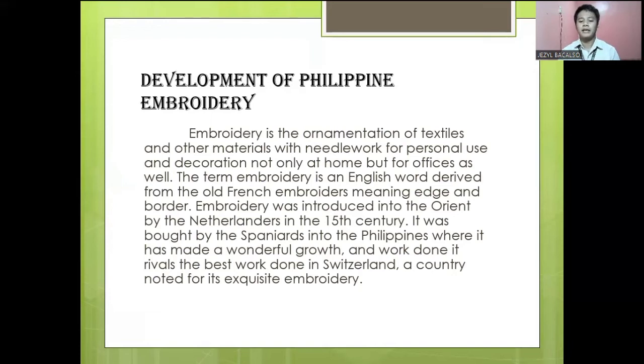The term embroidery is an English word derived from the Old French embroider, meaning edge or border. Then embroidery was introduced into the Orient by the Netherlanders in the 15th century. It was brought by the Spaniards into the Philippines, where it has made a wonderful growth, and work done rivals the best work done in Switzerland, then a country noted for exquisite embroidery.